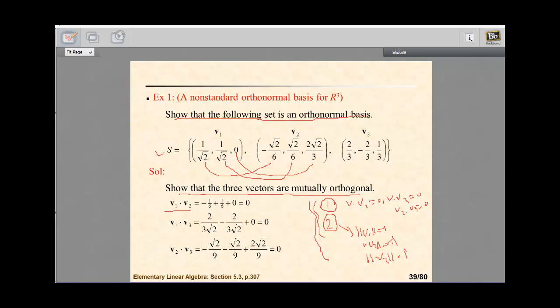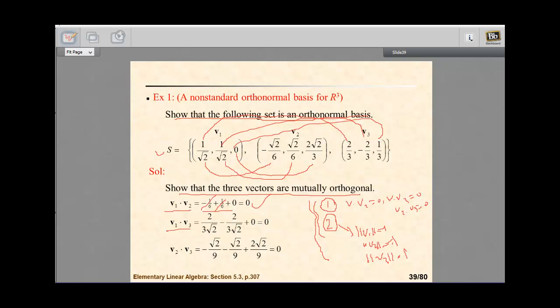When you multiply these, you will get minus 1 by 6 plus 1 by 6 plus 0. The 1 by 6 cancels out, so that is equal to 0. Similarly, next we will multiply v1 into v3: first element to first element, second to second, third to third.